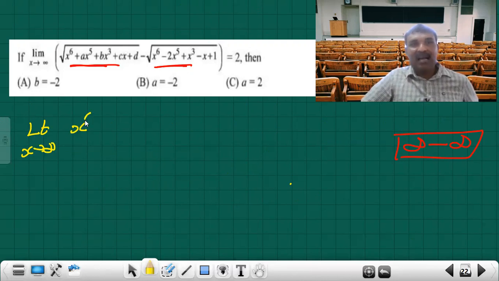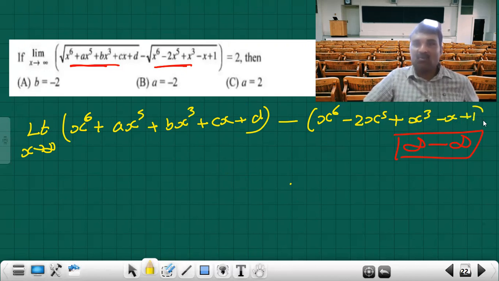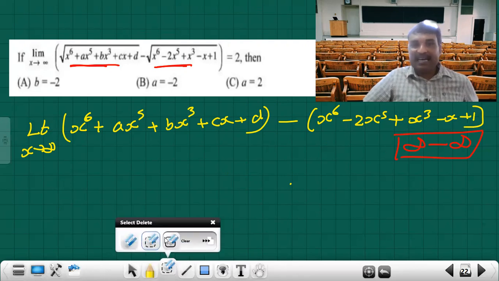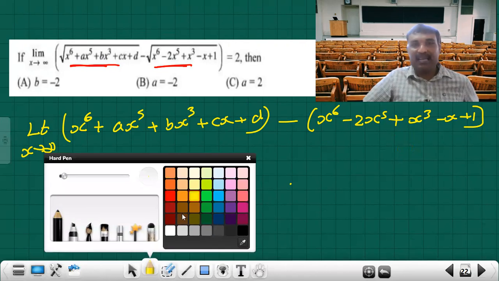Rationalization, this becomes x raised to 6 plus ax raised to 5 plus bx cubed plus cx plus d, minus x raised to 6 minus 2x raised to 5 plus x cubed minus x plus 1, right? So as to make the equation balance, what do we have to do?